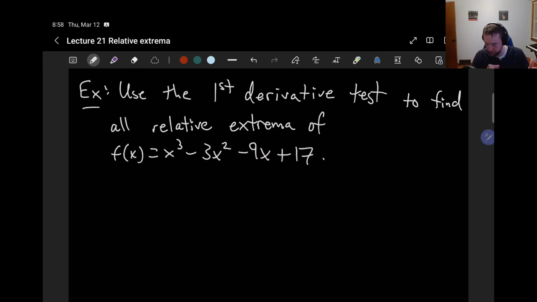So we're not going to graph it, but we will use the first derivative test, and that will be by finding the critical points first. And then those are the candidates for finding these relative extrema. So finding critical points greatly narrows down our list from infinitely many real numbers to choose from, to just a few.